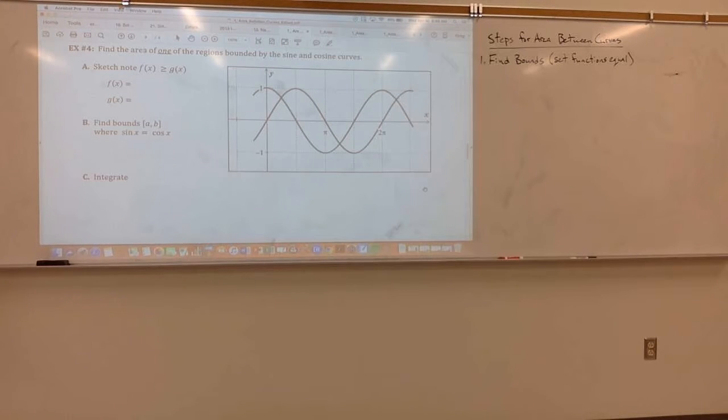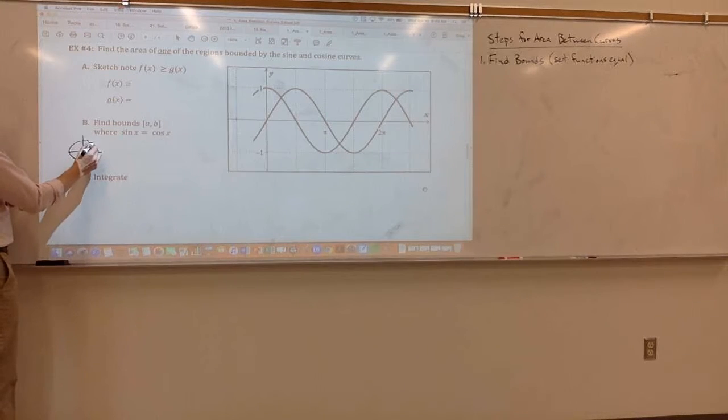Where on the unit circle are the sine and cosine values the same? Right, at 45 degrees, or pi over 4, where the values are both radical 2 over 2. There is one other place where that happens as well.